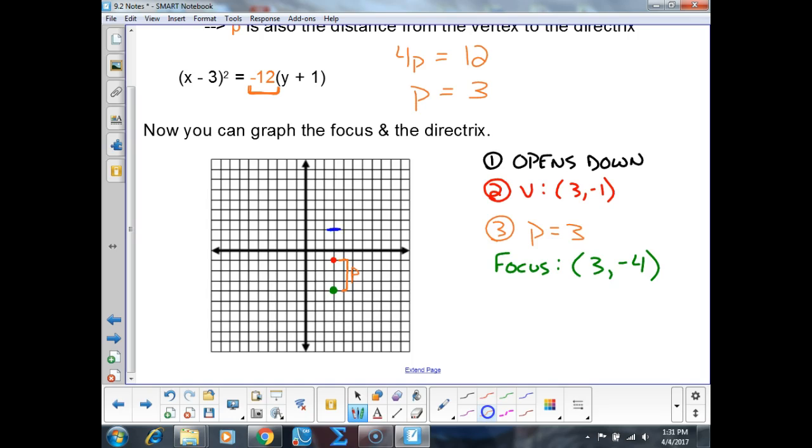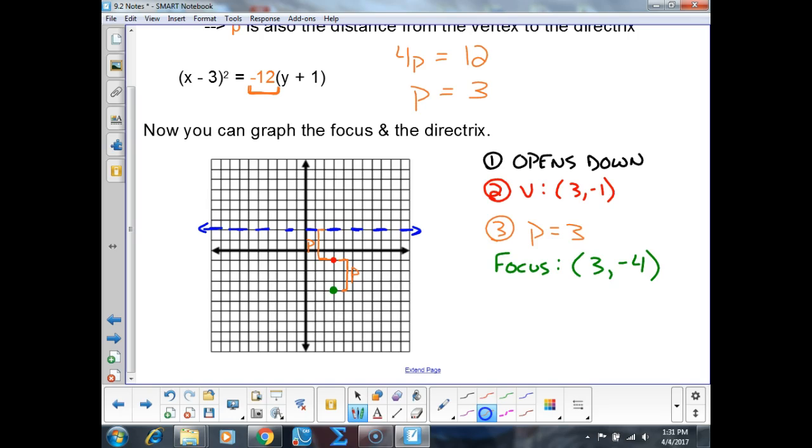So my directrix is this line up there, because this distance is also p.